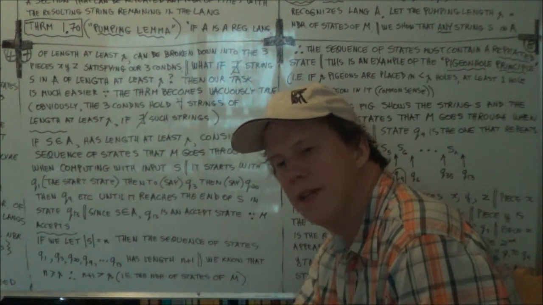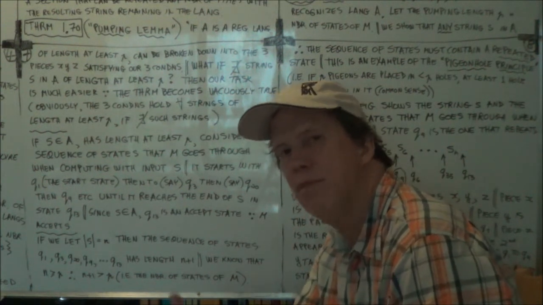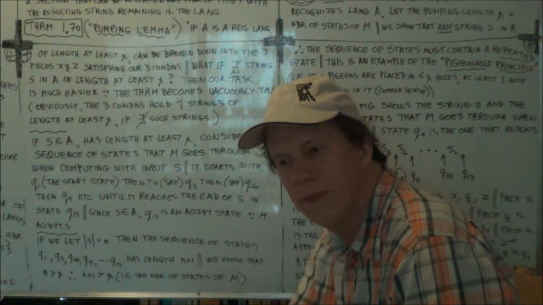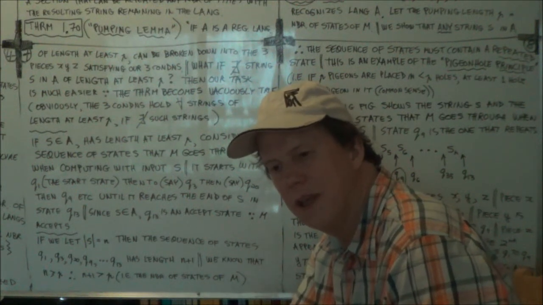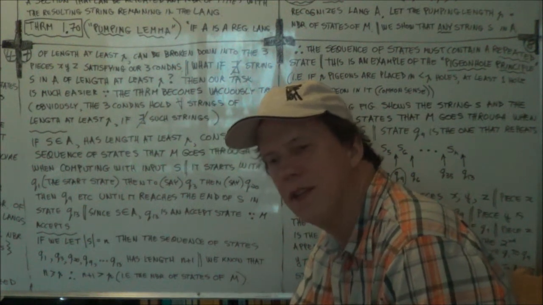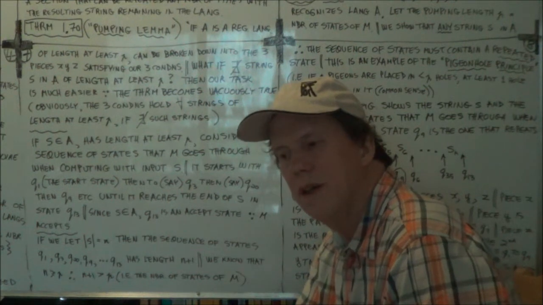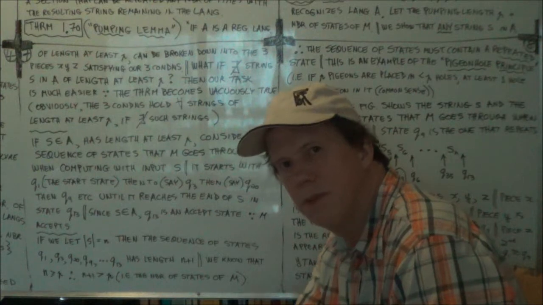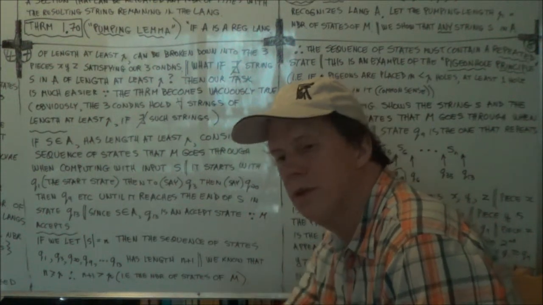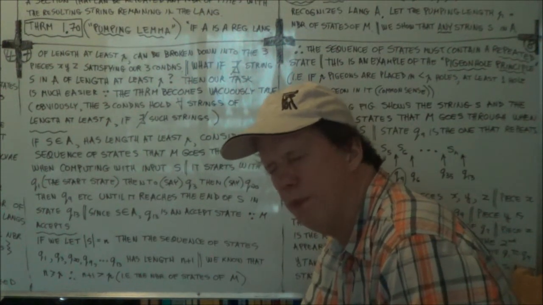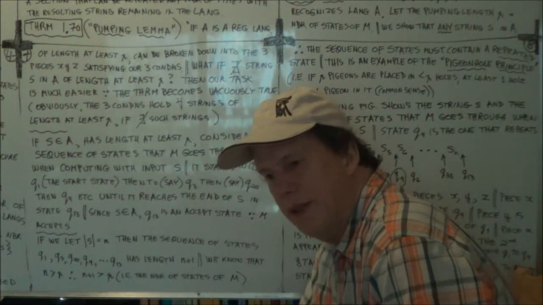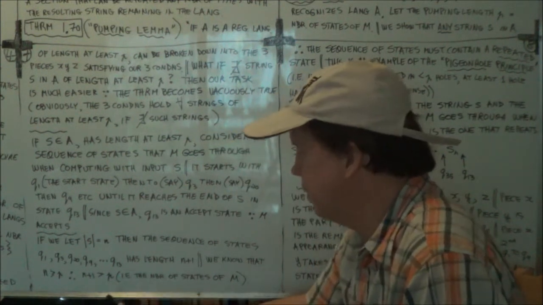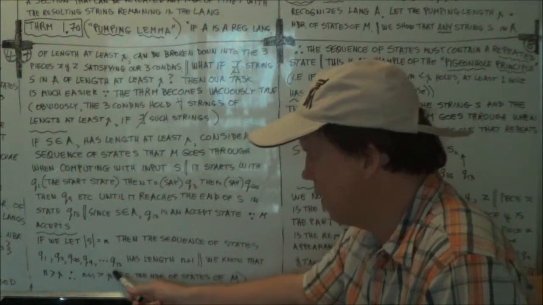So the total number of states we're talking about will be n plus 1. n because of the n symbols, you get n state changes, but also your initial state Q1. So in total, you'll have n plus 1 states.